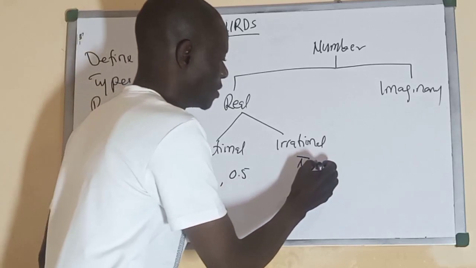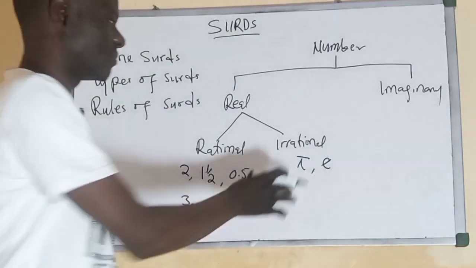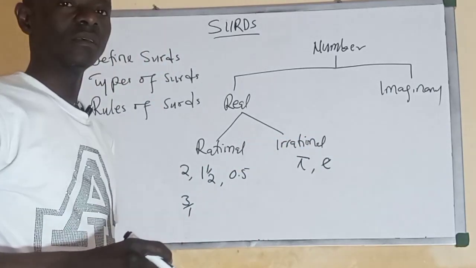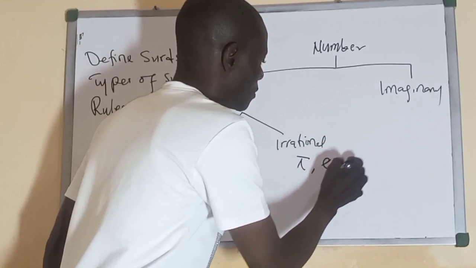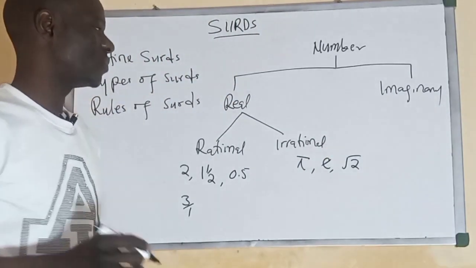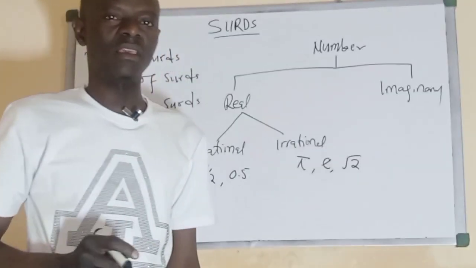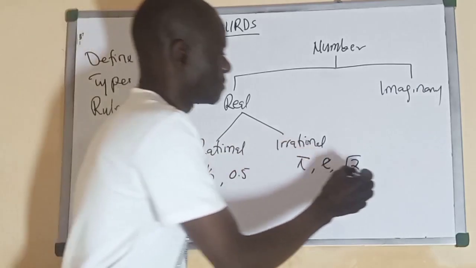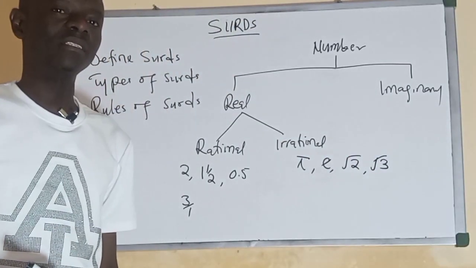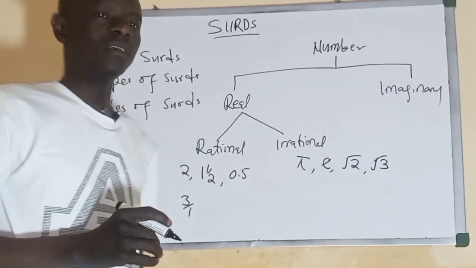We have the exponential, or e. e is an example of an irrational number, but it's not a surd. Root 2 is an example of an irrational number, and it is a surd. Root 3 is another example of an irrational number, and it is a surd.